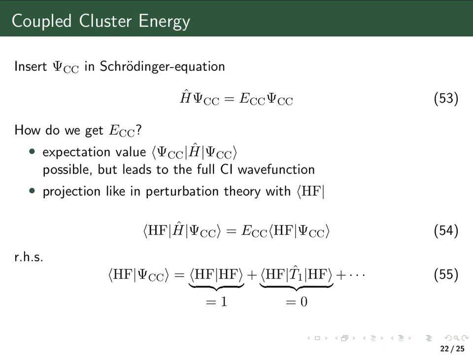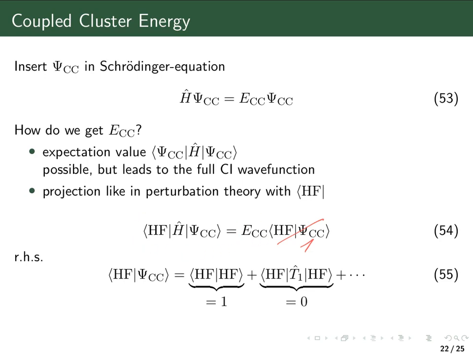Remember, from the Slater-Condon rules, the overlap between two determinants is only different from 0 if they are exactly the same. But this is Hartree-Fock and this is a singly excited determinant, so this is 0, and the same happens for all other terms in the expansion of the coupled cluster wave function. So on the right hand side we have just the energy times 1.